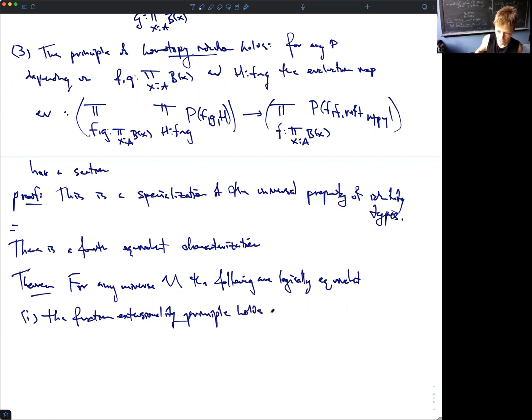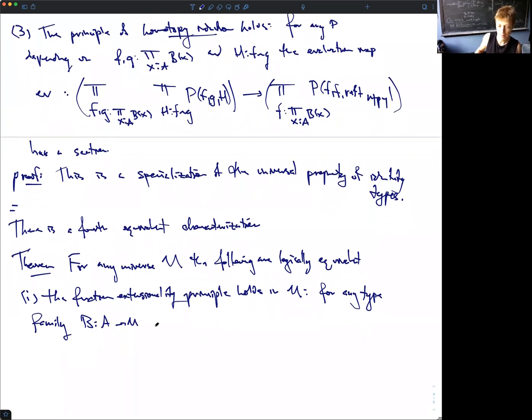holds in U, and what that means from the point of view of the universe is that for any type family, so A is a type in the universe and B is a type family valued in that universe, the map which we defined above by sending identifications to homotopies takes dependent functions and an identification between them to a homotopy between them.